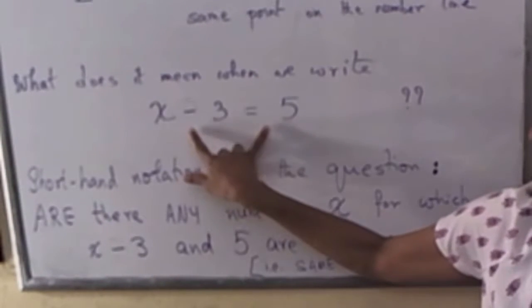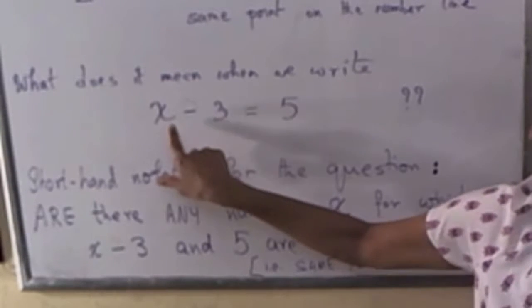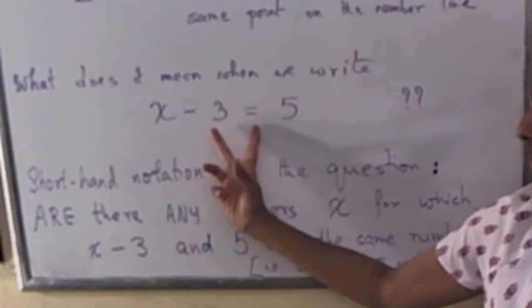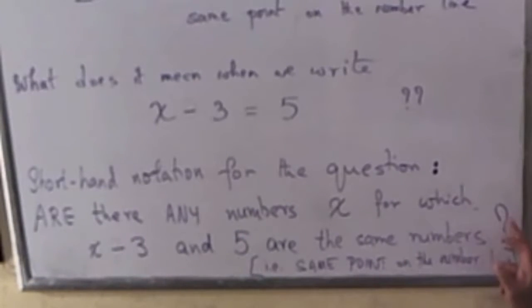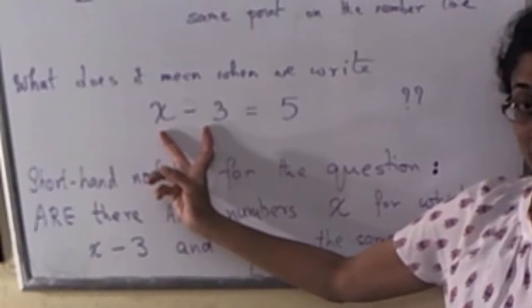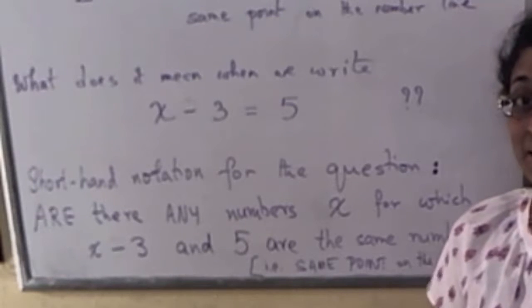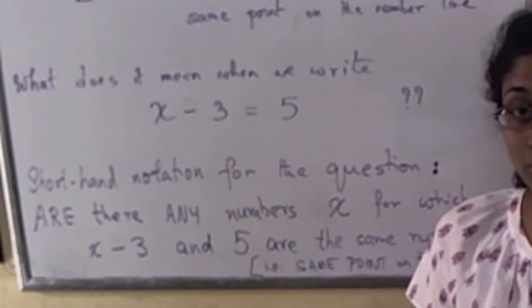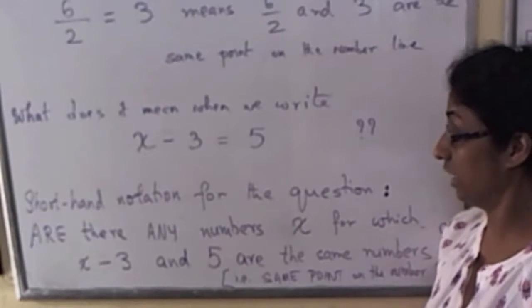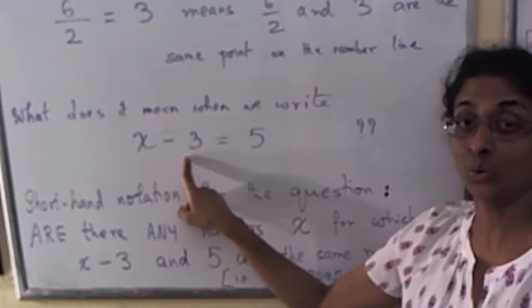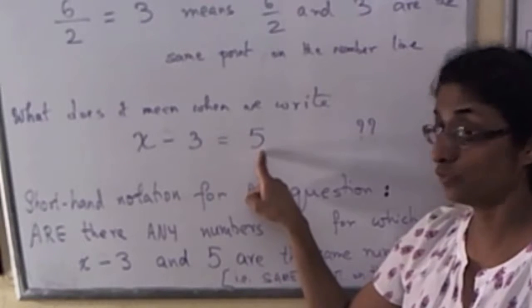So when you write this equation with a letter x, that is really a quicker way of asking this question: are there any numbers x such that x minus 3 would exactly be 5? It's almost like an invitation to you, asking you to figure out numbers x such that x minus 3, which is now a number, equals 5.